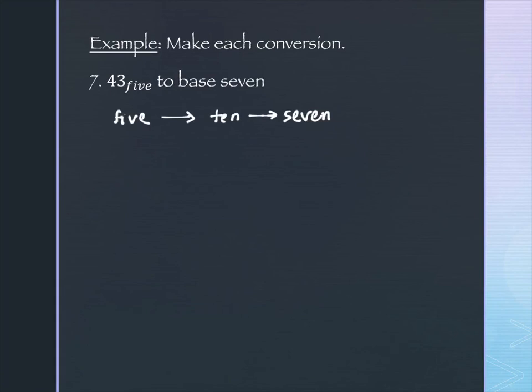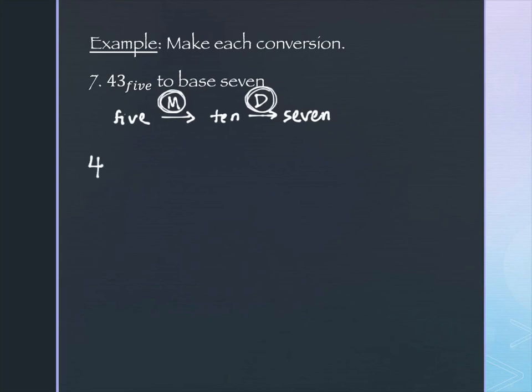There's no need to reinvent the wheel when we can just use the same wheel twice. So moving things from base 5 into base 10 is a multiplication problem. And anytime you move base 10 into something else, it's a division problem. So make sure you're identifying those correctly in the right order.